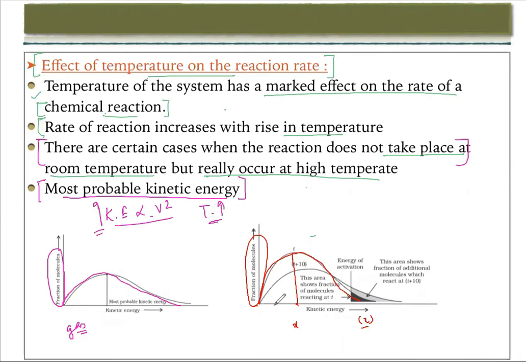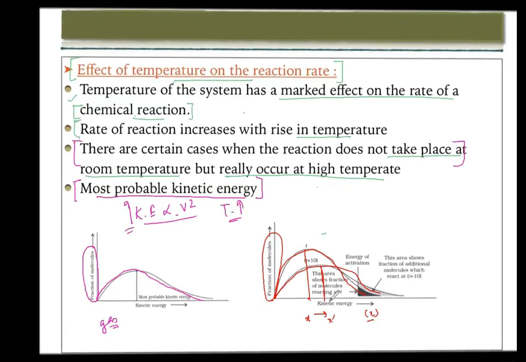Now, if we increase the temperature, what will happen? You are going to get another graph. In this second graph, the kinetic energy has increased to some x dash. So we can say that as we increase the temperature, more and more molecules will have greater kinetic energy.